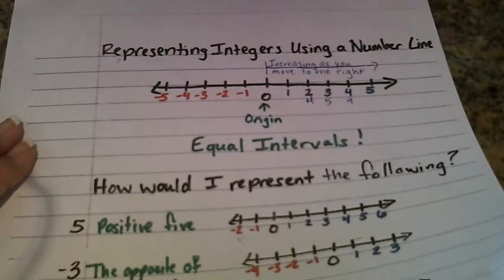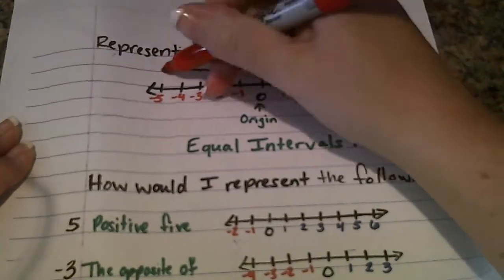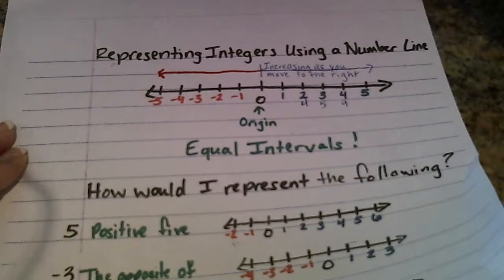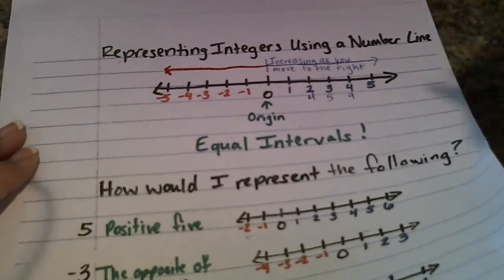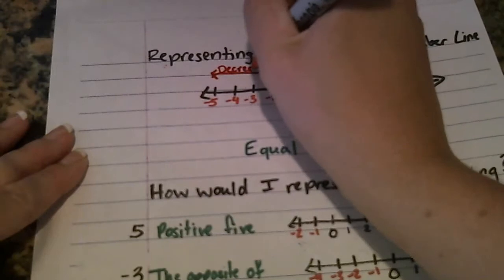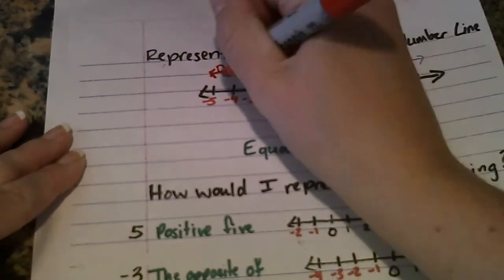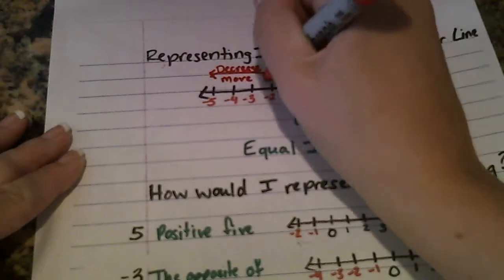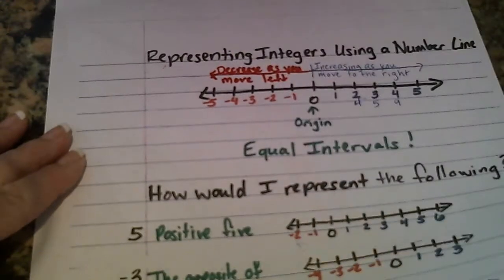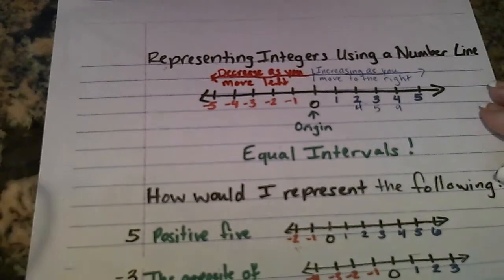And the same thing would go for movement to the left on a number line. Instead of increasing in value, you would be decreasing in value. So the further left you go on a number line, the smaller the values.